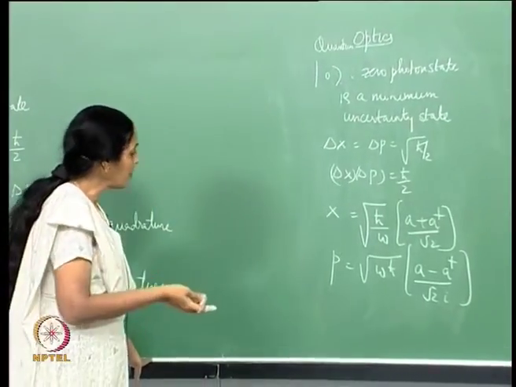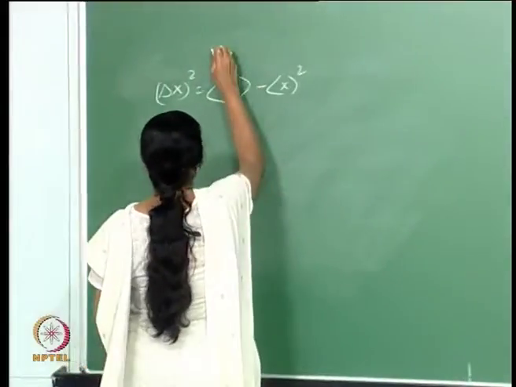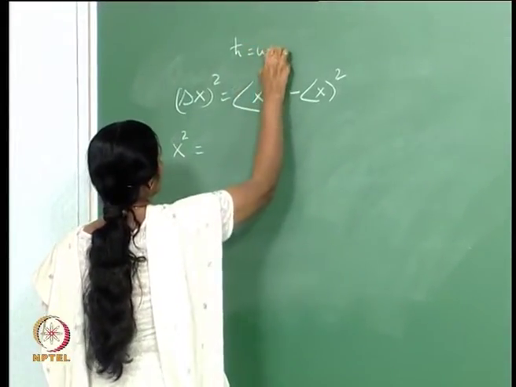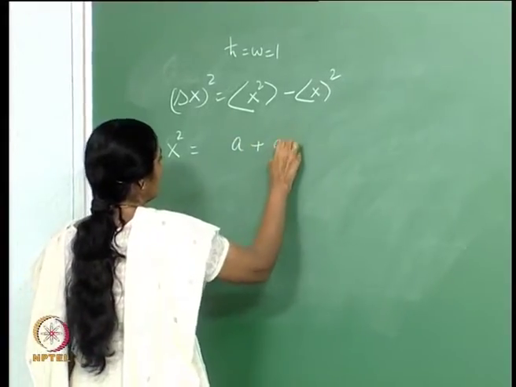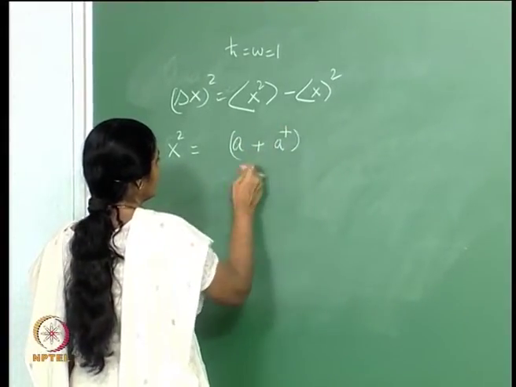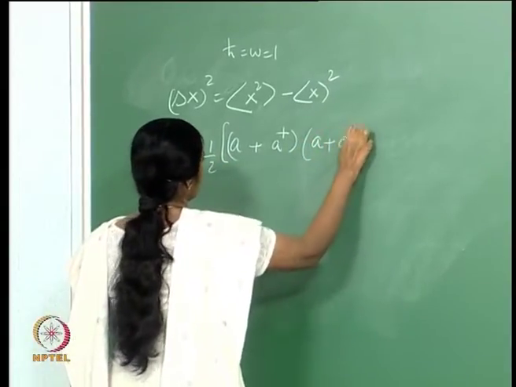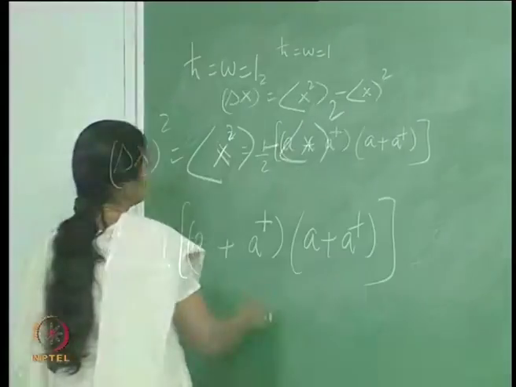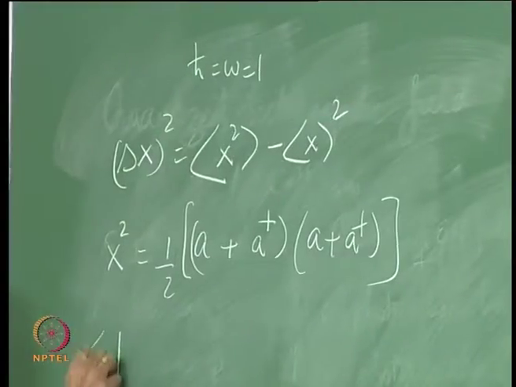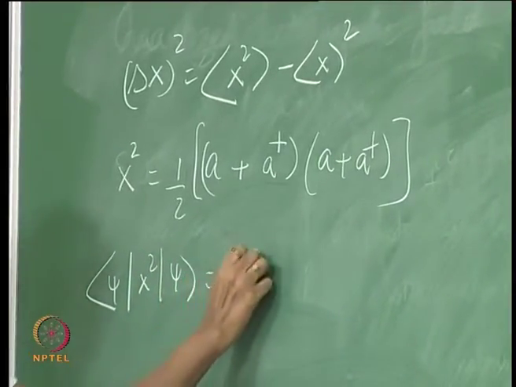We can always put it back for the sake of dimensions. This is essentially a plus a dagger multiplied with itself with a half there. I need to find the expectation value of x squared in the state psi.